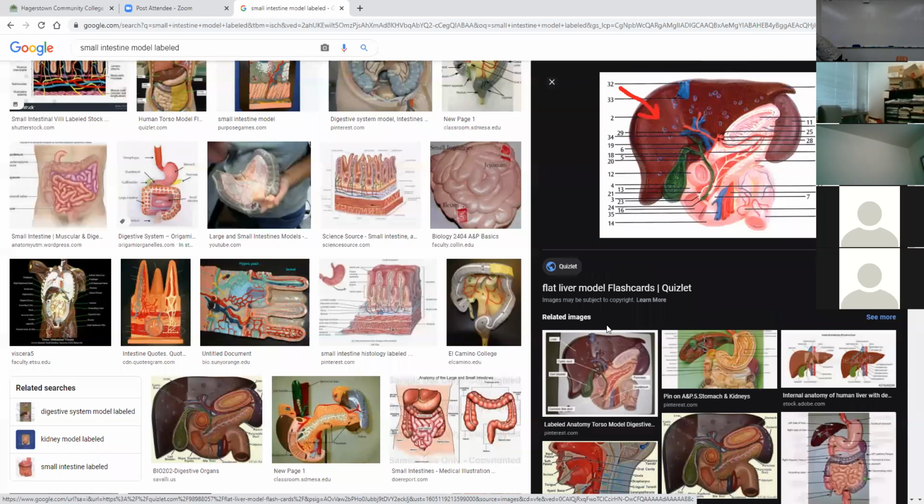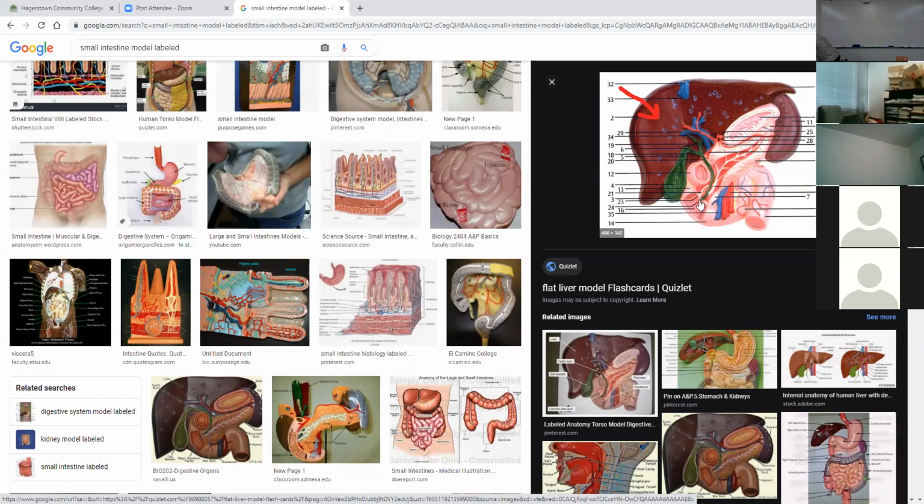Maybe this. Yeah, this is a little better. Okay, so this is the duodenum right here. This is the pancreas, and this thing right here is called the main pancreatic duct. It empties into the duodenum at the major duodenal papilla.